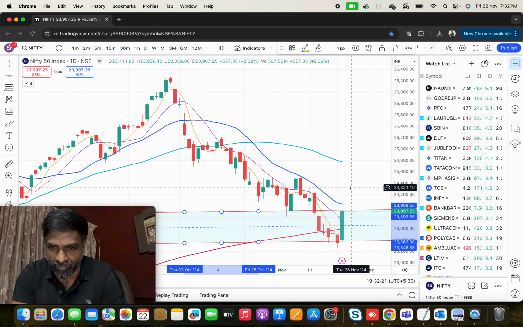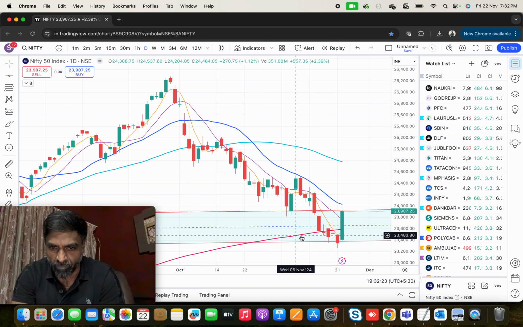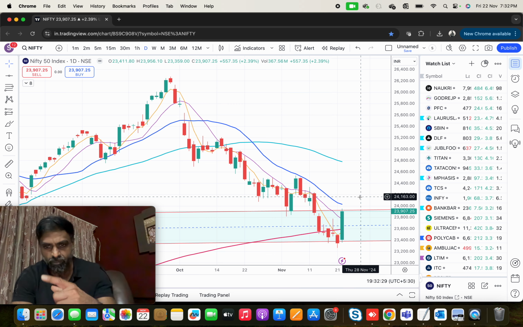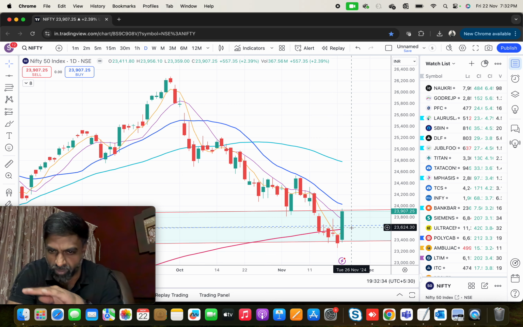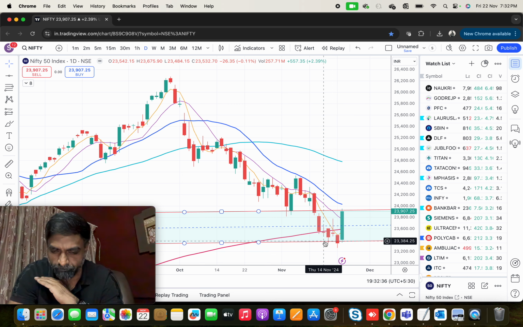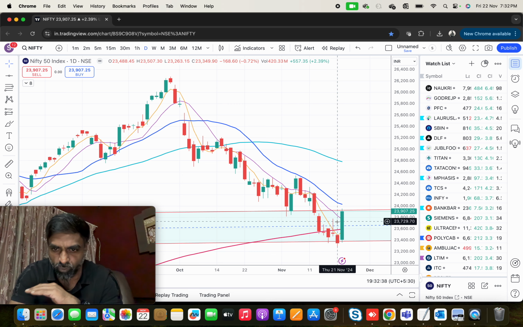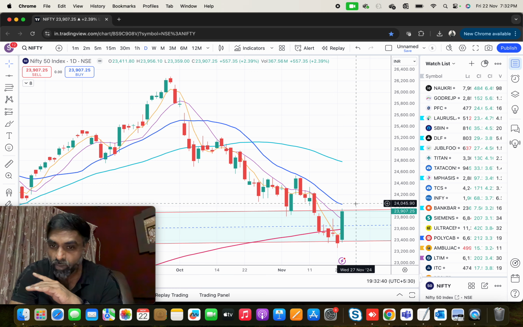Now the question is, from moving average 200 it has come up, and weekly 50 it has come up. Today it has crossed moving average 5, moving average 10, and there is a moving average 20 there.